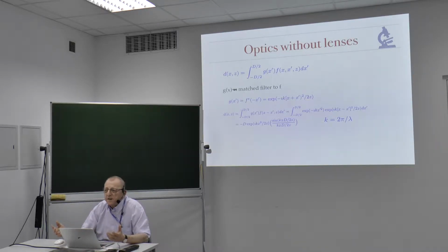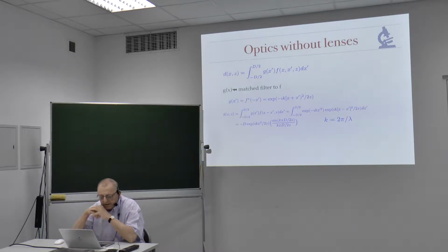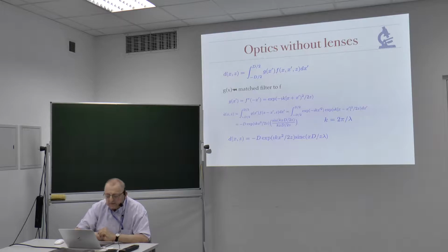This is an easy exercise in integration, and I get that the function d is first of all proportional to the aperture. Then there is this factor which depends on the x square, and then comes the complicated function which is a sine divided by the other side. Now k is the inverse of the wavelength, so I can write the function d in a very simple form.